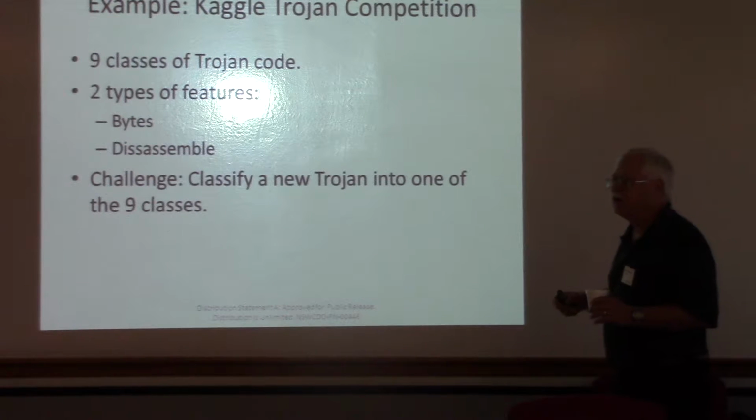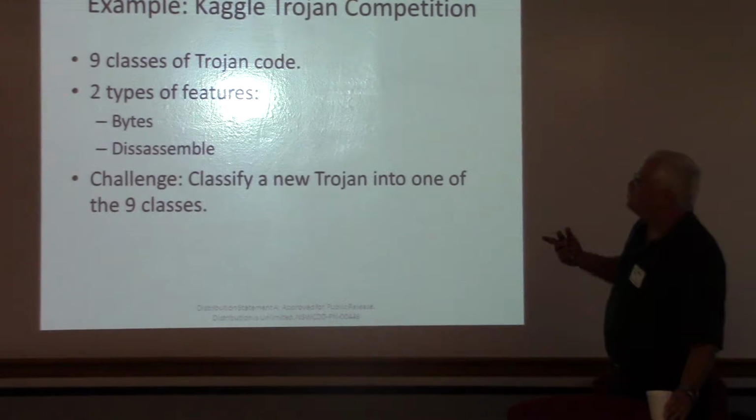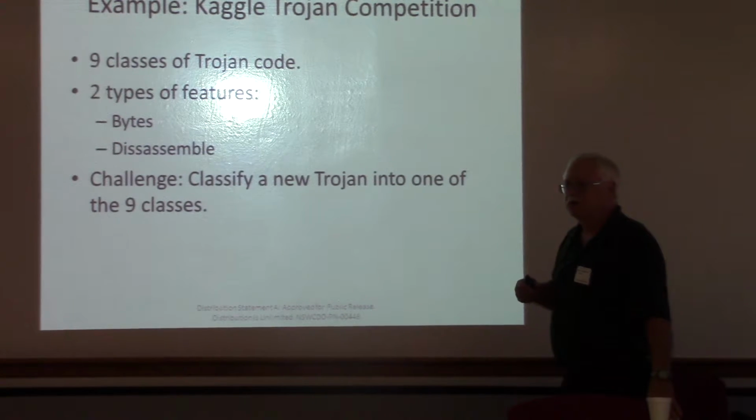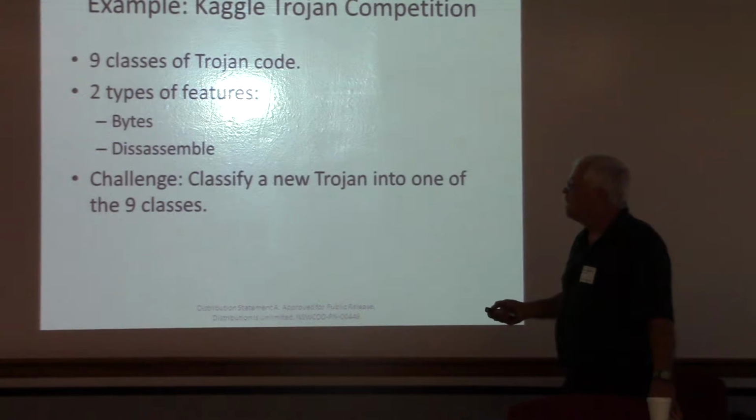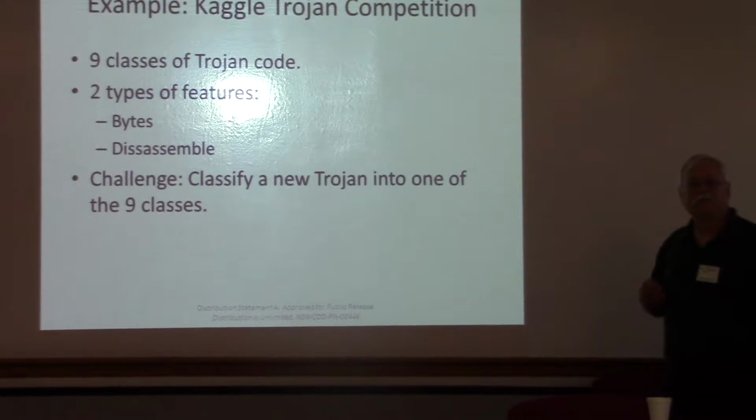I don't know what the 9 classes were. And they gave you two files per each Trojan. They did not give you the Trojans, but they gave you a byte dump, a hex dump, and they gave you a disassemble, so you can look at the assembly code. Okay? Challenge. Classify a new Trojan into one of the 9 classes.